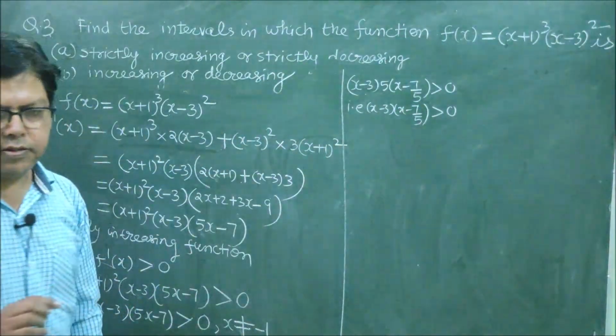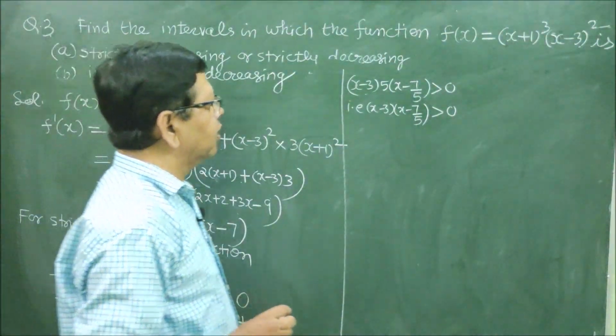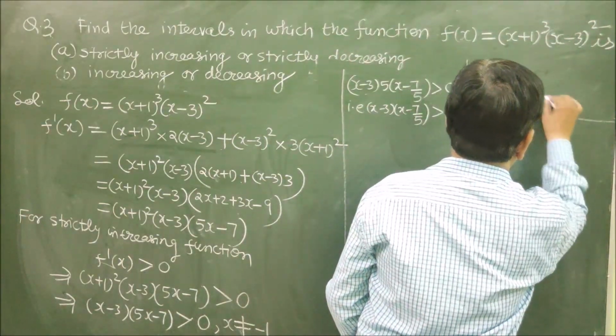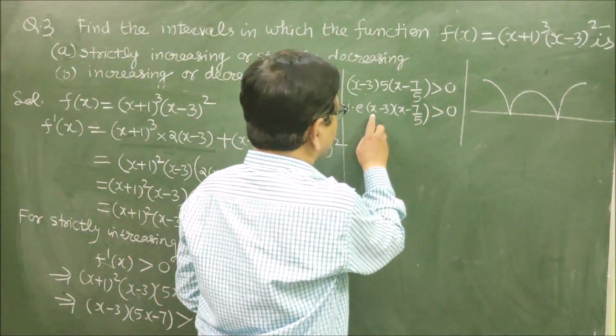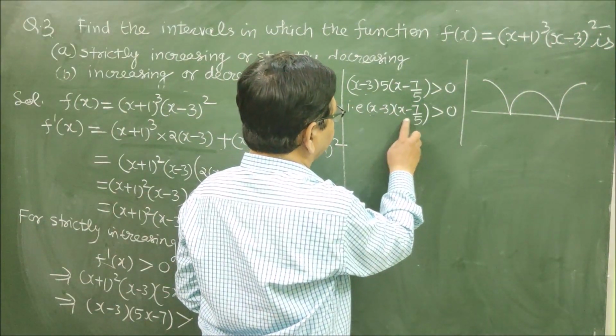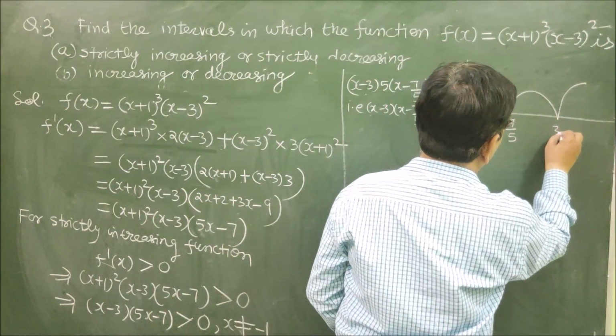To solve this quadratic inequality, let us follow the wavy curve method. Let us find the critical points. The critical points for this quadratic inequality are 7/5 and 3.